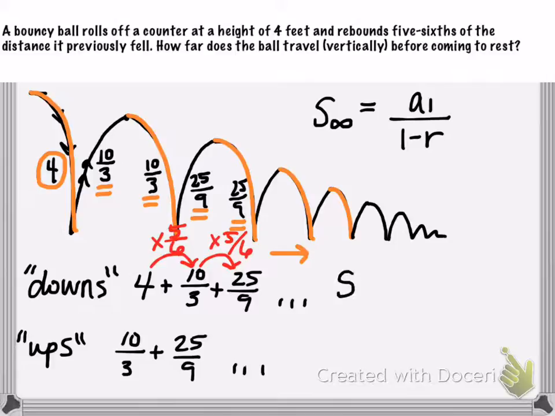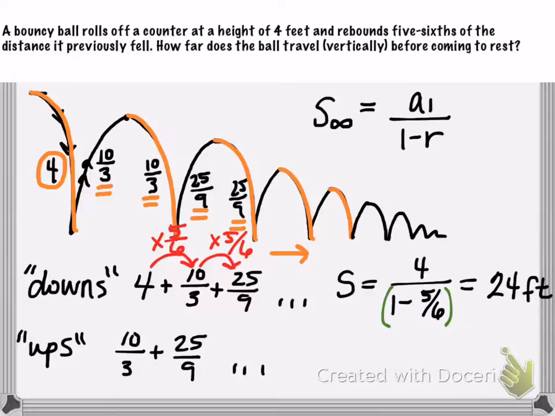So the sum for the downs, it first fell from a height of 4 feet, divided by 1 minus r, and r is 5/6. Remember, when you go to enter this in your calculator, it's extremely important that you have parentheses around that entire denominator to be sure that you're dividing by the whole quantity, 1 minus 5/6. So it looks like that's a total of 24. So that would be 24 feet.